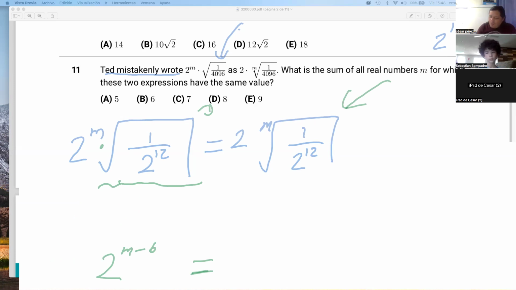So we will have 2 multiplied by, we can rewrite this, this is the 1 over m, and we will have the 2 minus 12. Okay. So how can we simplify this?